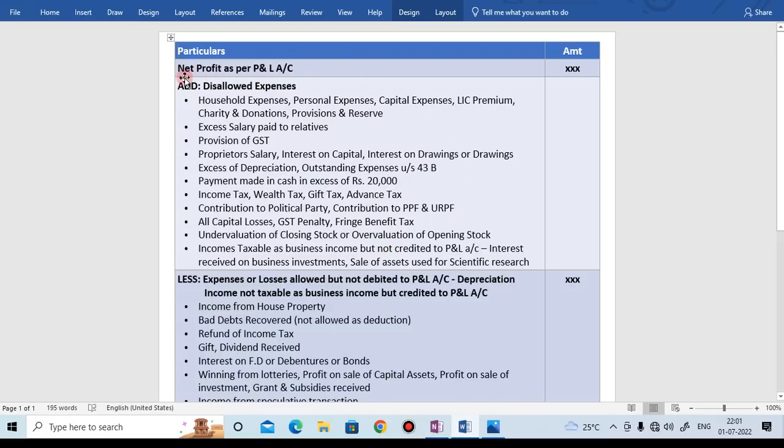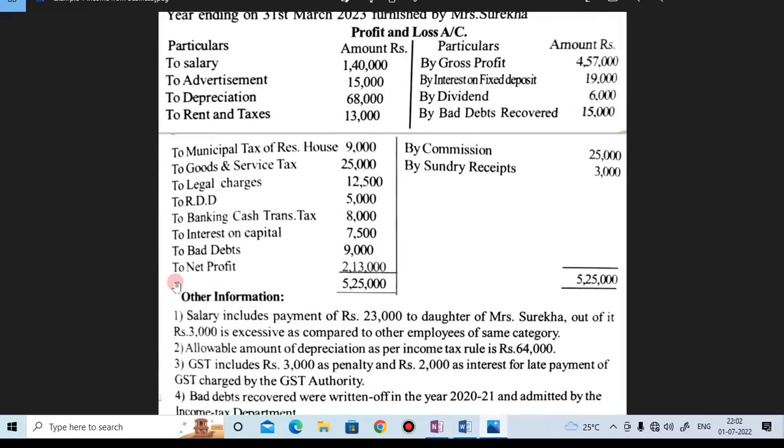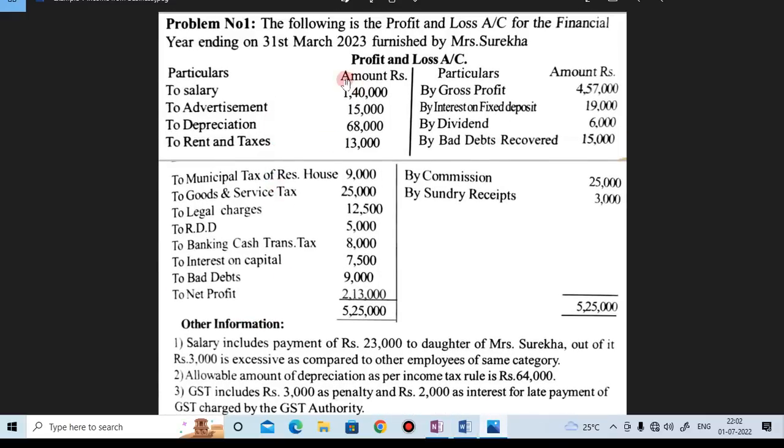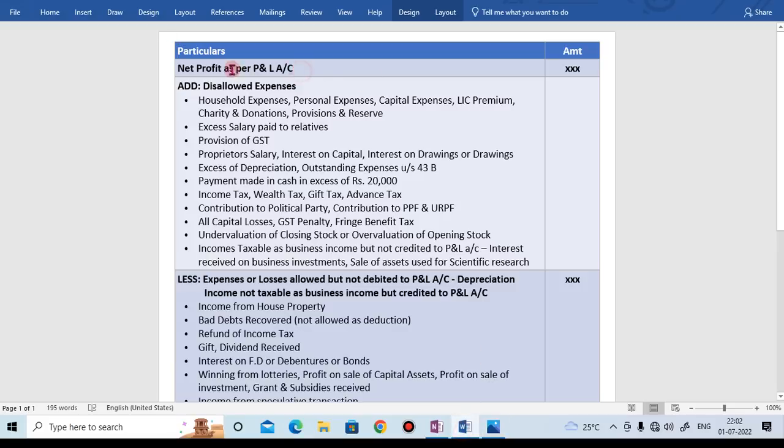So what is given first? First is net profit as per P&L account, meaning net profit as per profit and loss account. Now in the question, check where the net profit is. Net profit will be given in the debit side of the profit and loss account. So here, see, to net profit. So to net profit is how much? 2,13,000.